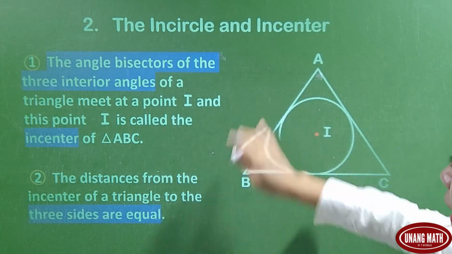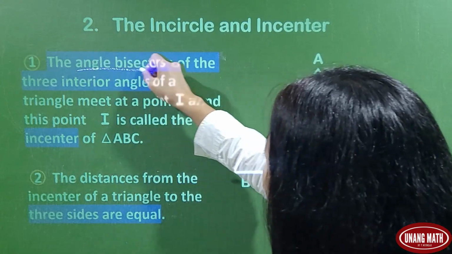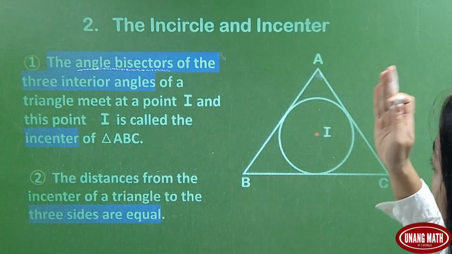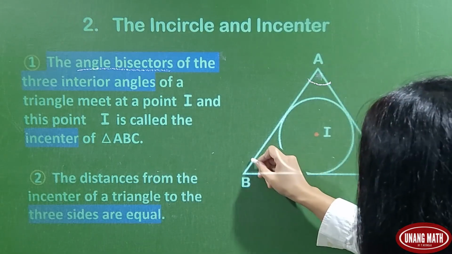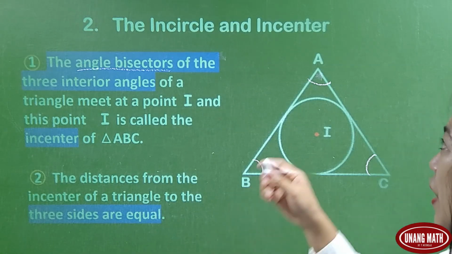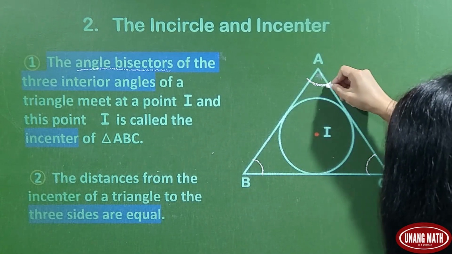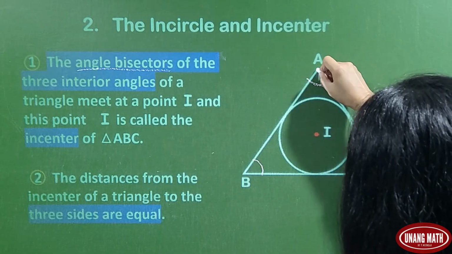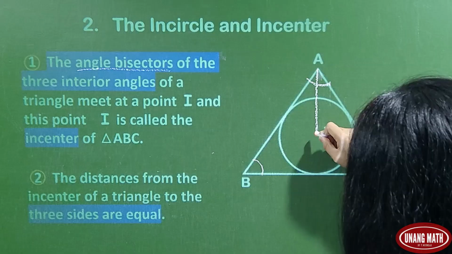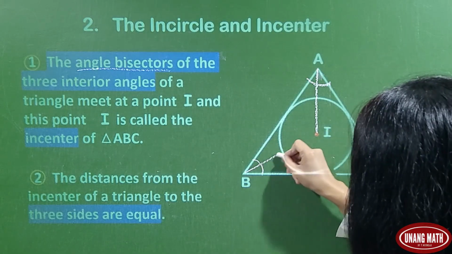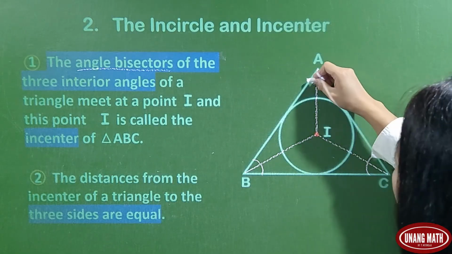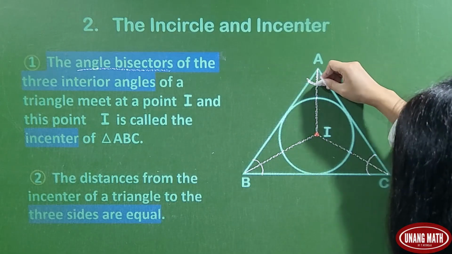Okay, what does it mean by that? From the word angle bisectors, it bisects or cuts these angles into equal angles. So we have this angle. If we draw an angle bisector from this point to this point, then this angle is equal to this angle.